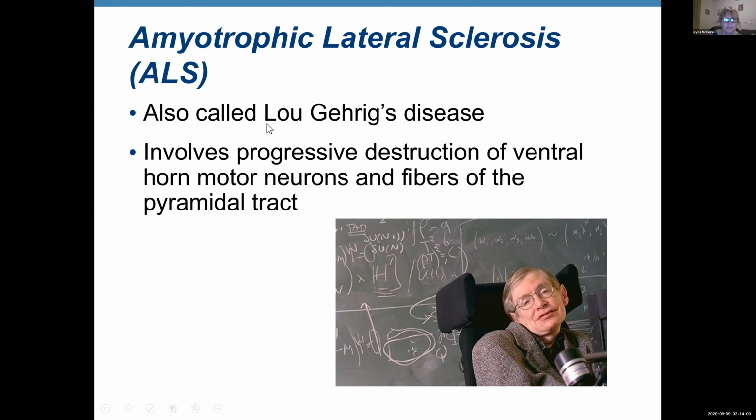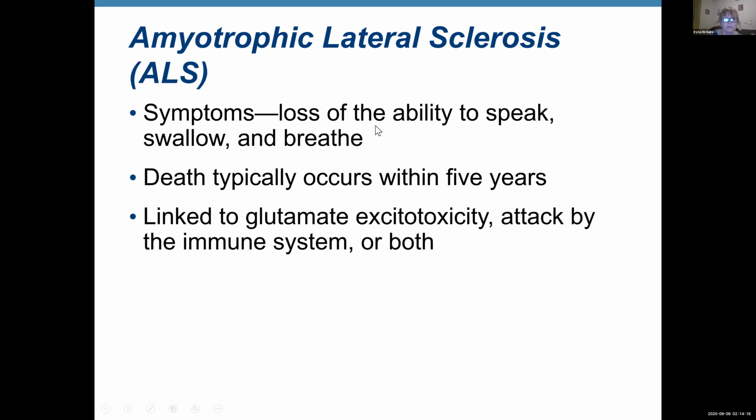The pyramidal tract is the one inside your spinal cord. And again, ventral horn for motor neurons. Symptoms: loss of ability to speak, swallow and breathe. This typically occurs within 5 years. So it's really like the immune system attacks your neurons.